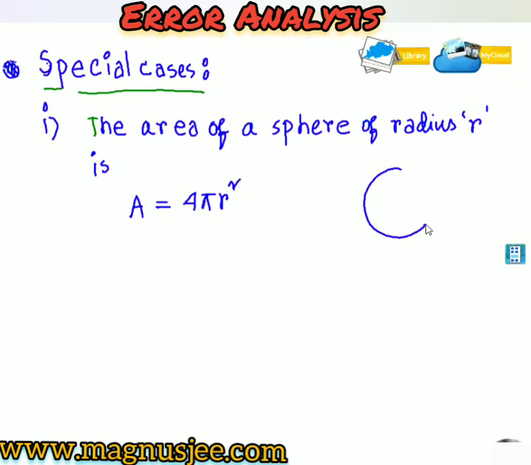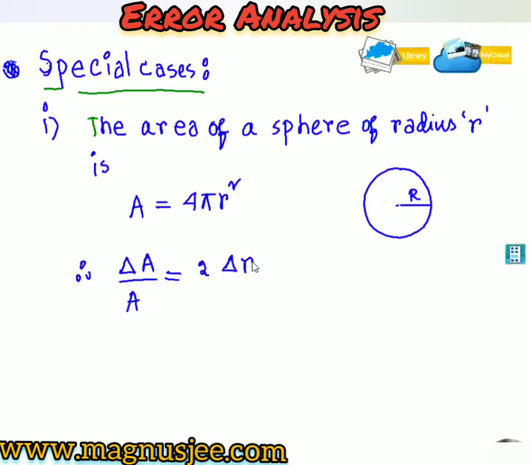Pi is 3.14. If we consider a sphere of radius r, not capital R, it should be small r, then area A will be 4 pi r square. Therefore, delta A by A, that means relative error in the measurement of area, will be equal to 2 delta r by r.